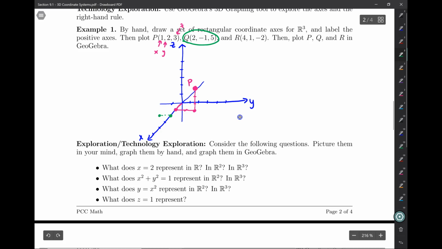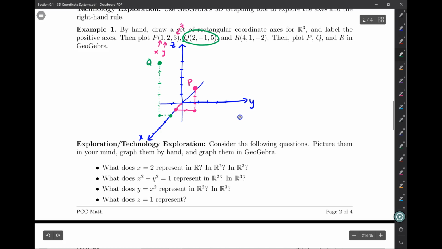And then we want to go 5 units up. That's about 1, 2, 3, 4, and about 5. So that is the point Q.